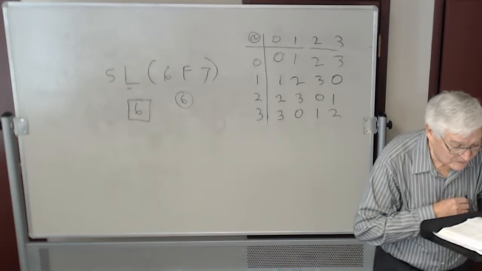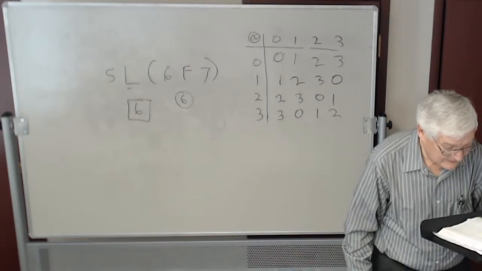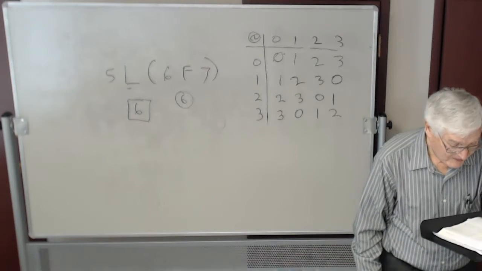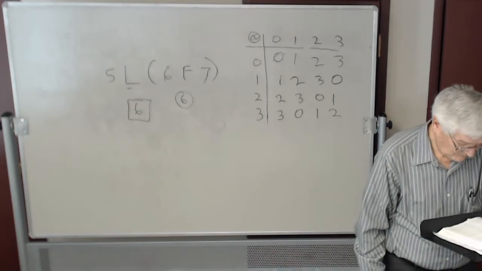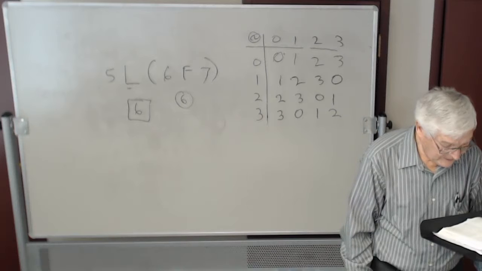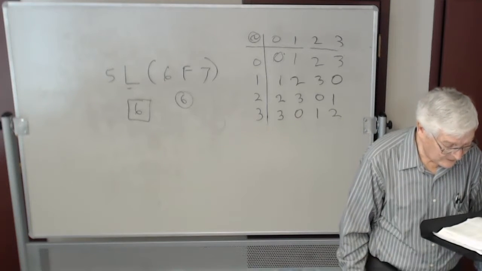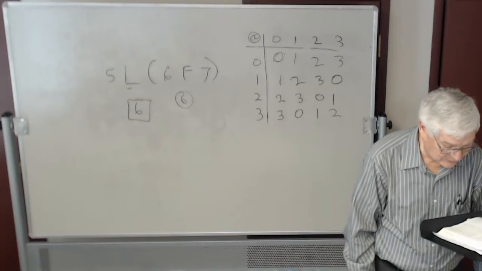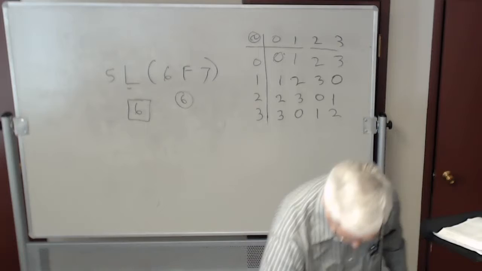So now let's jump over here to 38. The odd integers in problems 38 to 49, determine whether the given set forms a group. On your little handout there, what's the definition of a group?